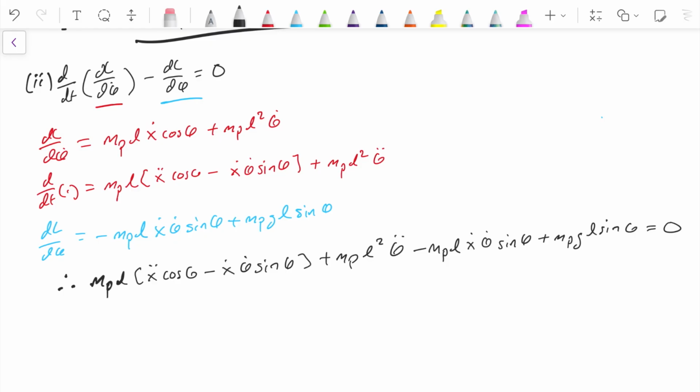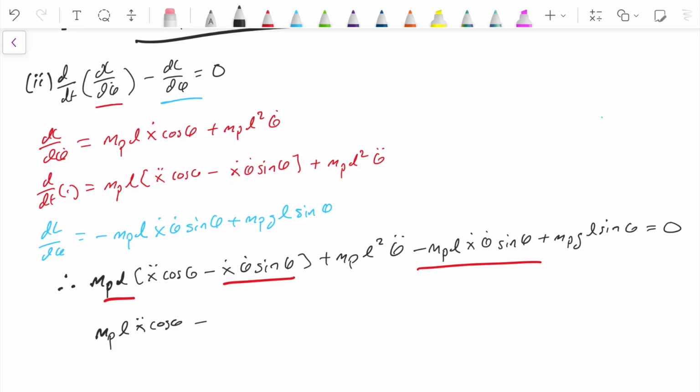So the MPL x dot theta dot sine theta terms can be combined rather, or dropped.